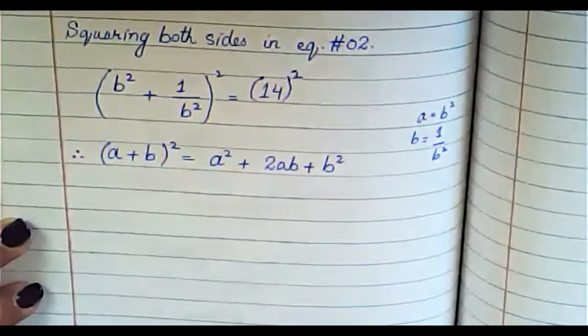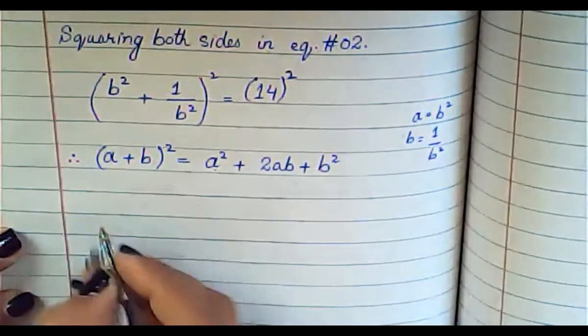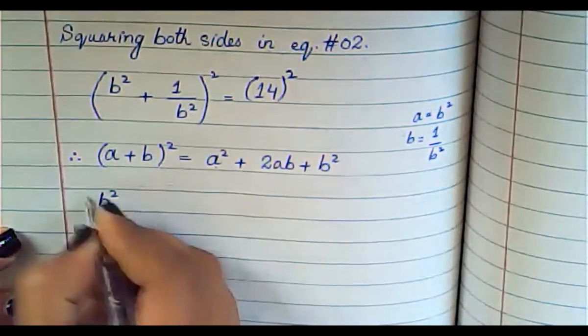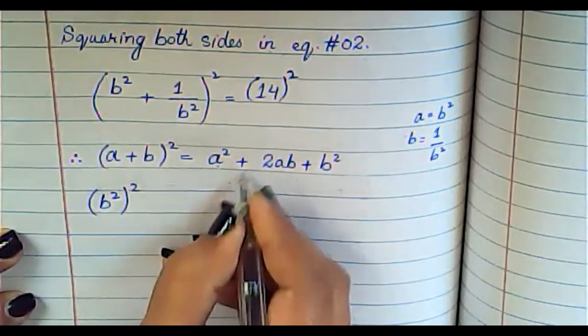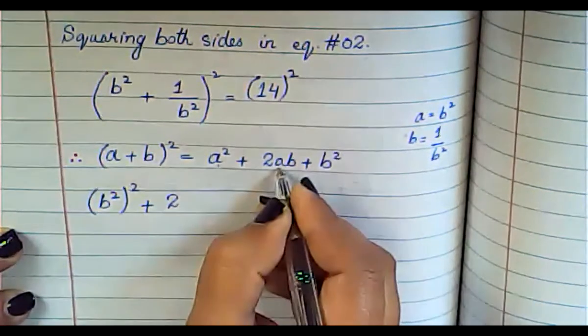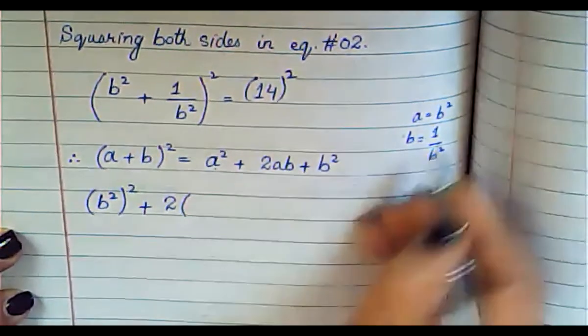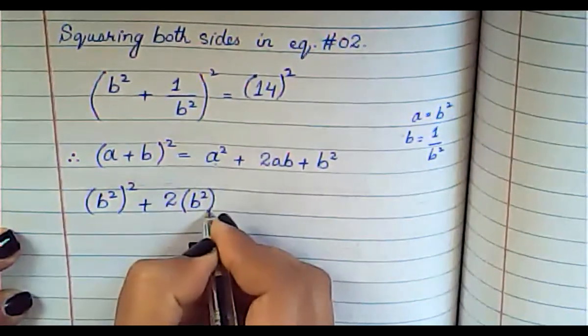Now look here, you have to take the square of term A. Term A is b square, so we will write here b square and then its whole square according to the formula. Then the sign of addition, then we will write here 2. Then inside the bracket term A is b square, so we will write here b square, bracket close.